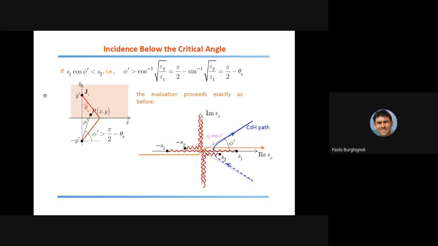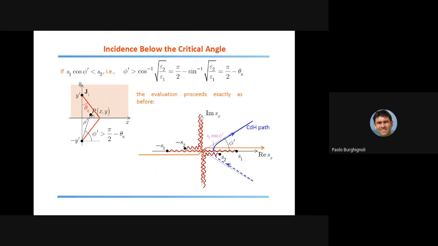In the first case, your observation point lies inside this triangle whose sides are the vertical segment from the source to its image, and those two red segments, which are defined by the critical angle for refraction, so the angle above which you get total internal reflection.